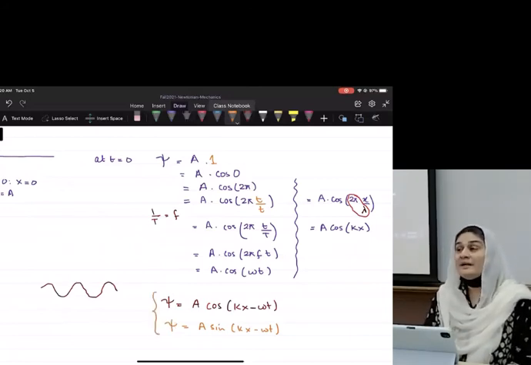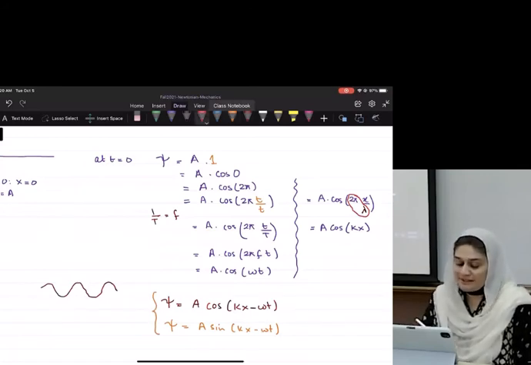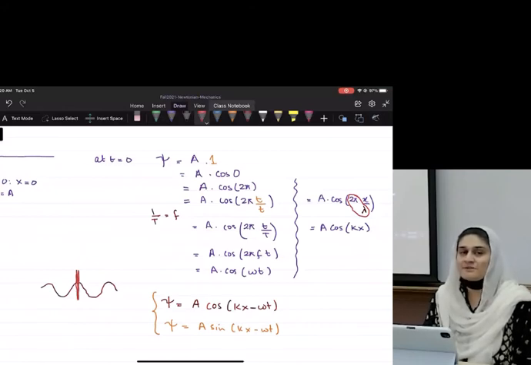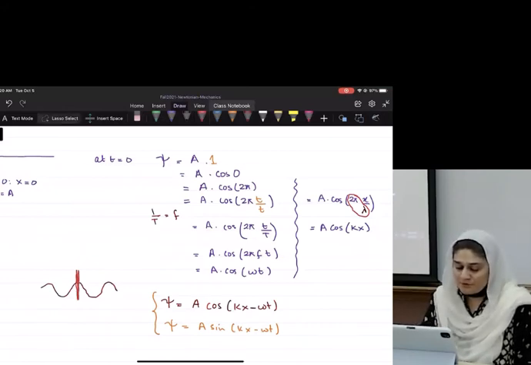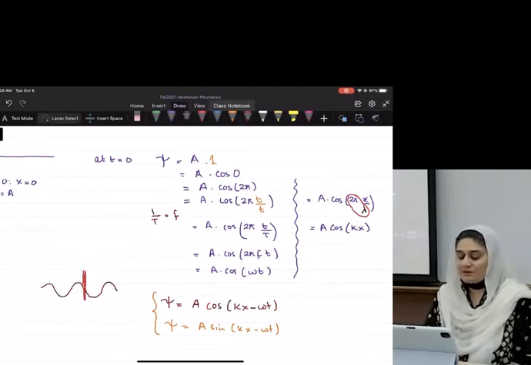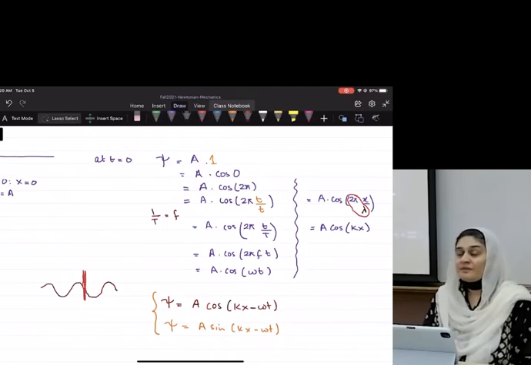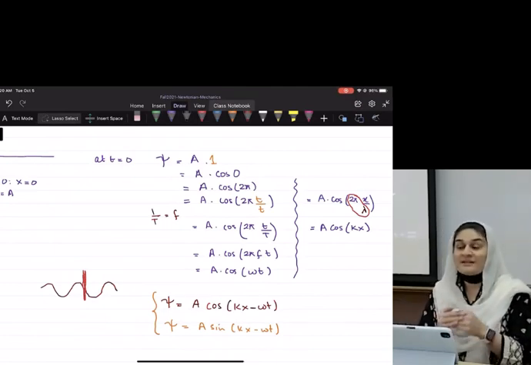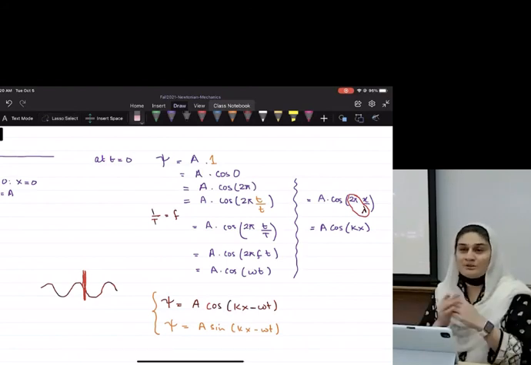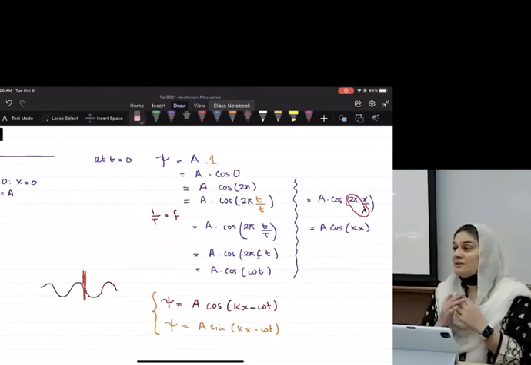The only way to tell them apart is when I tell you, if this is my 0 point, is this a sine wave or a cosine wave? Good. What if I moved this over to here? Is this now a sine or a cosine wave? If it starts at 0, it is a sine wave. If it starts at 1 or an amplitude A, it is a cosine wave.